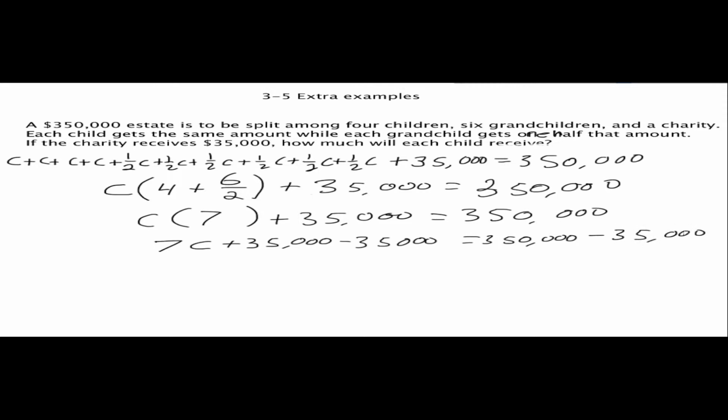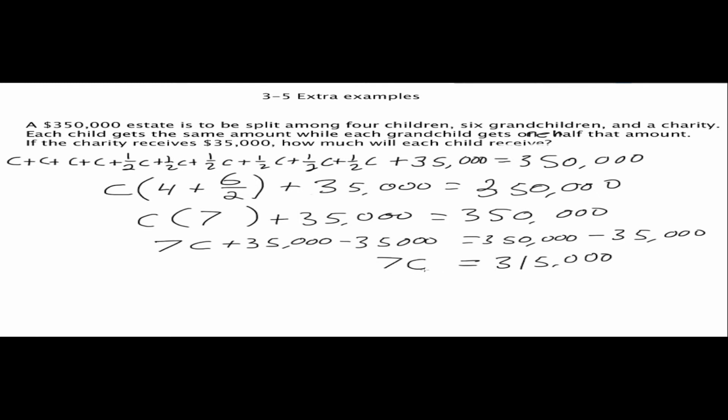What's that going to be? Looks like $315,000. And 35,000 minus 35,000 is 0. So this is going to be $315,000 will equal 7C.